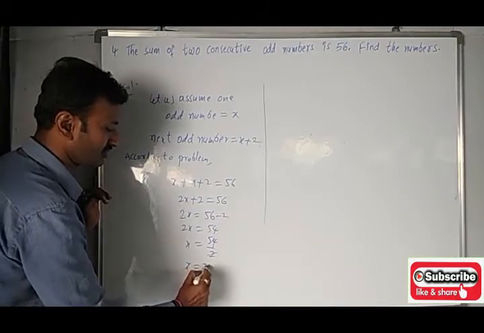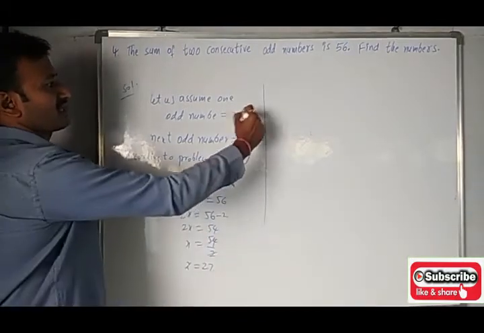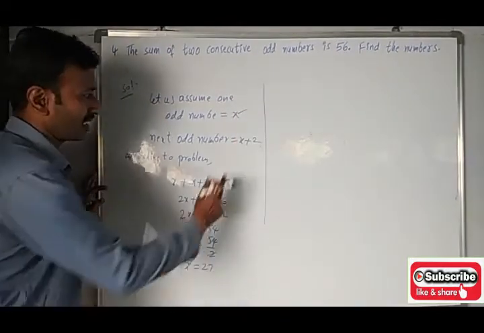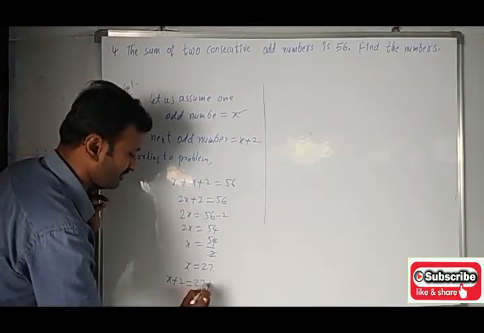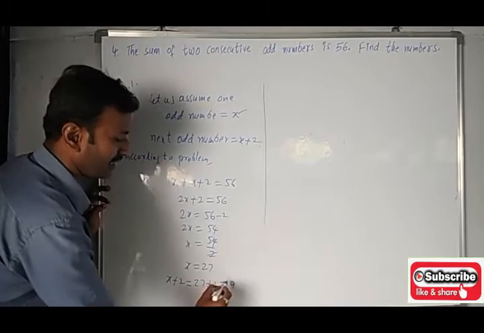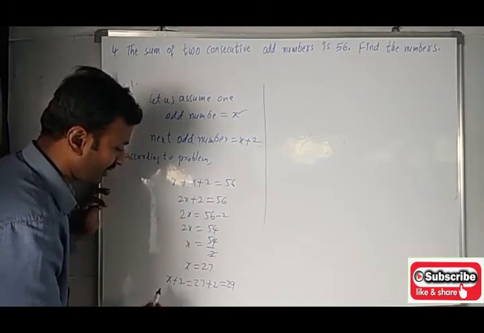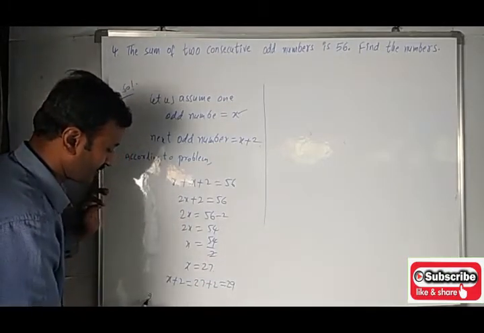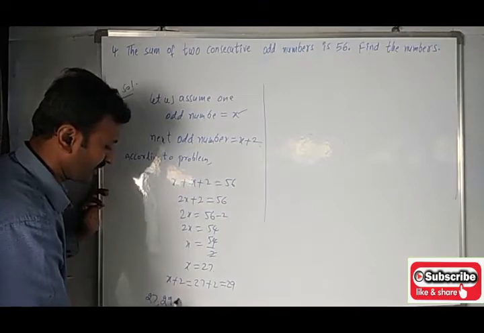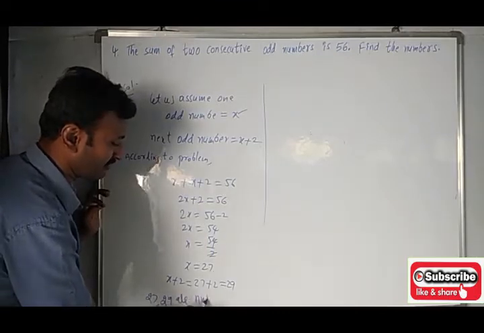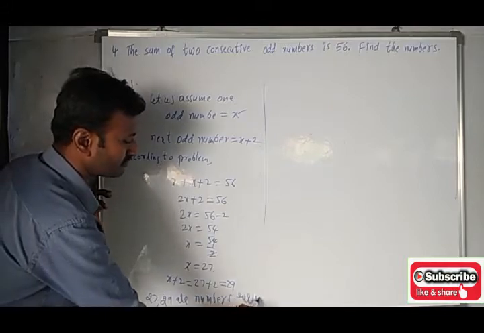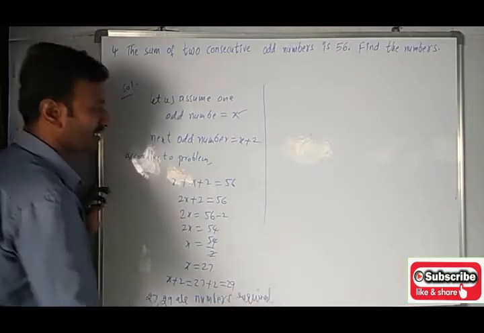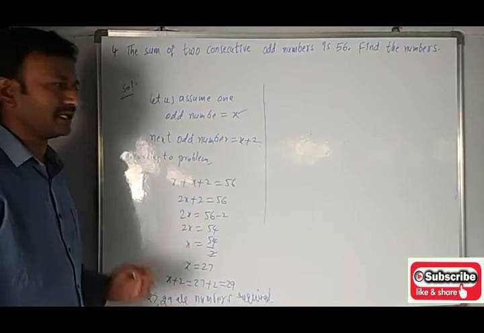X is equal to 27. Our first number x is got. What next? X plus 2. Here x plus 2 is equal to 27 plus 2, 29. So our numbers are 27 and 29. These are the required numbers as per the condition.